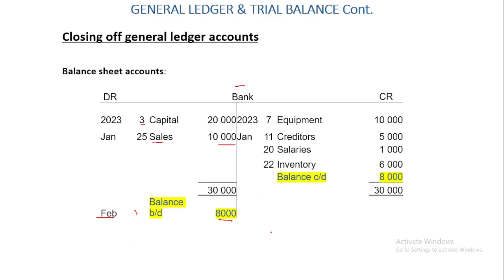If this was at the end of the financial period, this amount would be transferred to our trial balance, and from the trial balance to our statement of financial position under assets, to say that under the bank we have a balance of 8,000. Remember, earlier in our lesson I mentioned that the statement of financial position is a summary of all balances within our accounting equation.